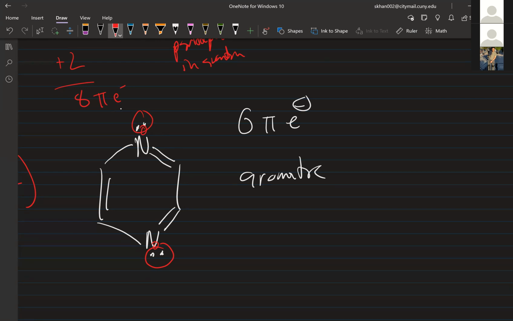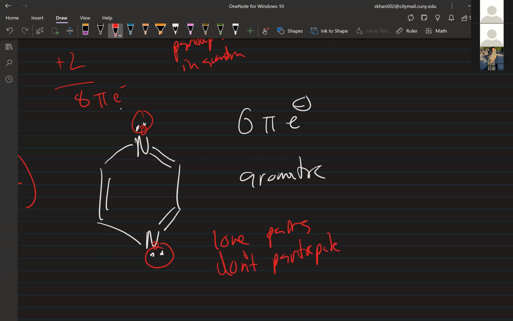Then it fits the rest of the criteria. It's planar, it has an overlapping system of p orbitals, and it has a Huckel number of electrons. So the whole molecule is aromatic, but the lone pairs do not participate in aromaticity. They are outside the ring of the aromatic electrons, right?